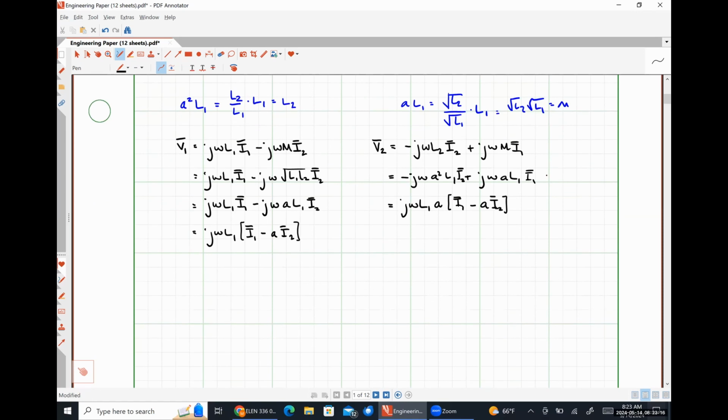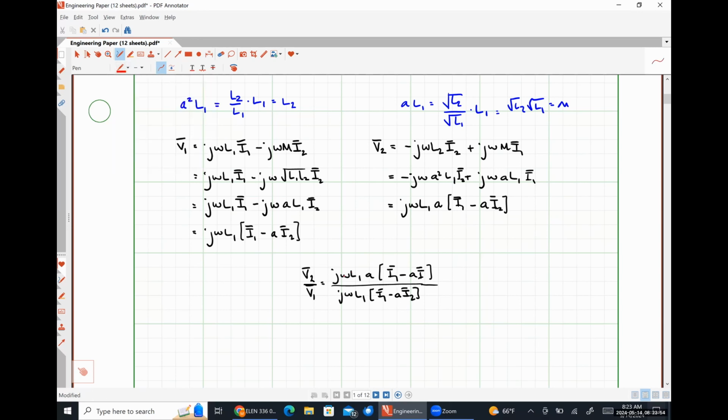So if we look at these and we take the ratio of these two things, the ratio of our voltage V2 to V1 is going to look like j omega L1 A times I1 minus a I2 divided by j omega L1 times I1 minus a I2.